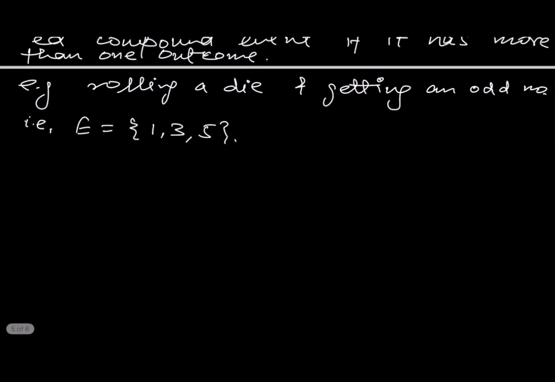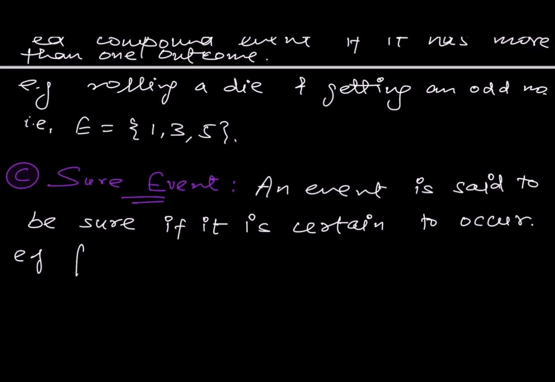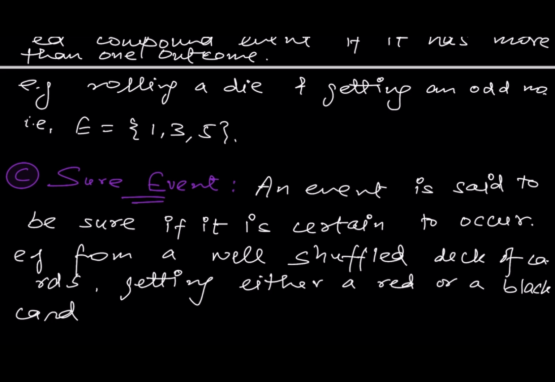Now let's come to type 3, which is sure event. So an event is said to be sure if it is certain to occur. For example, from a well shuffled deck of cards, getting either a red or a black card is sure event, because we all know very well there are two types of cards in color.